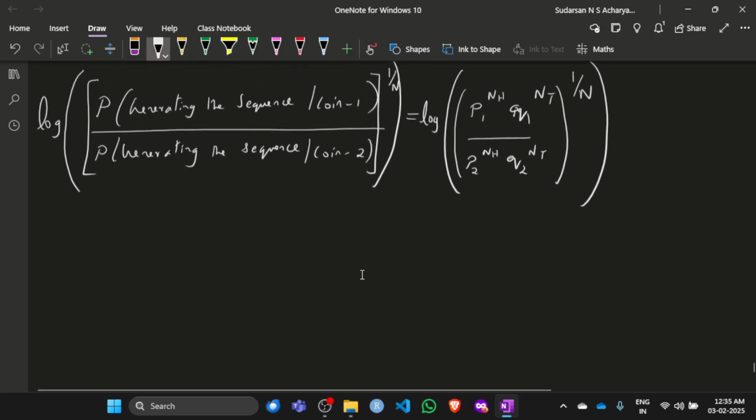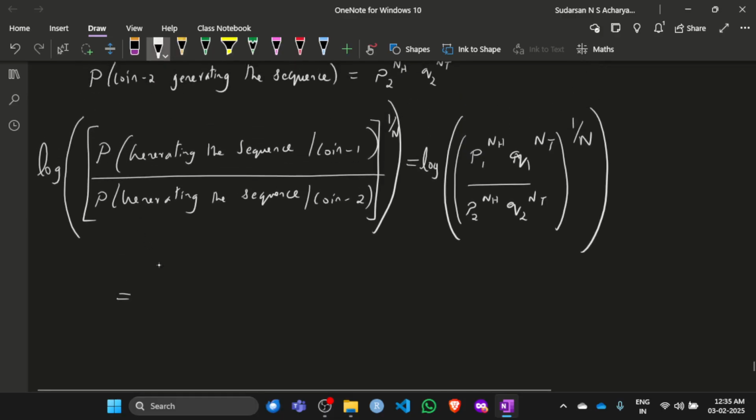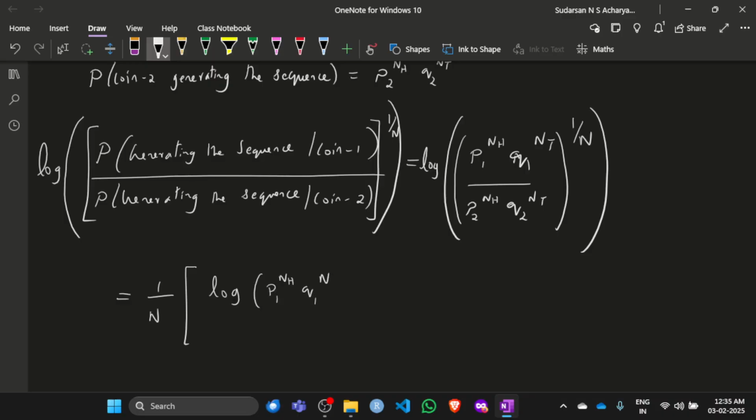So let's go ahead and expand this out. This is the property of the logarithm, right? So the 1 over n will come sit on the front side. Then you have the log of the ratio of two things, which is simply the log of the numerator minus the log of the denominator, like so.